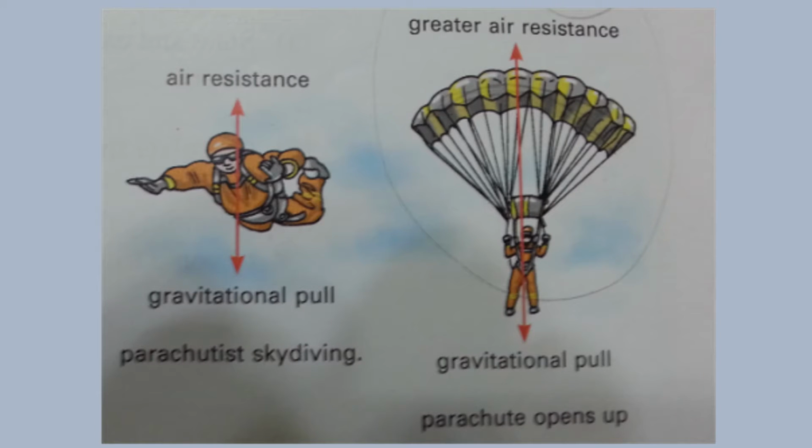When the parachute opens up, there is greater air resistance experienced, and the parachutist will shoot up for a moment and then gradually reach terminal velocity, which means a constant velocity will be experienced.